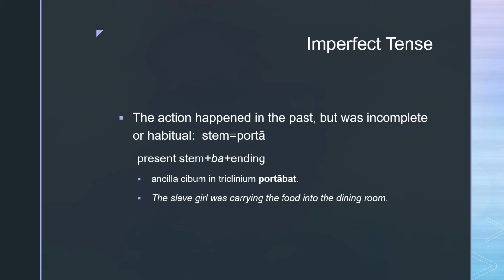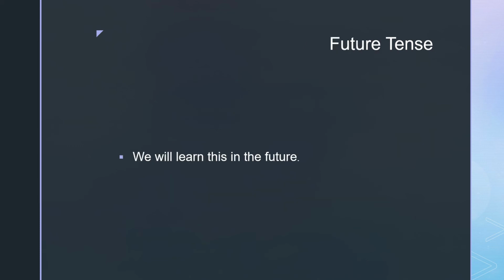So something that happened in the past that wasn't completed or was ongoing. The slave girl was carrying food into the dining room. Future tense, we're not going to even deal with that, it comes much later.